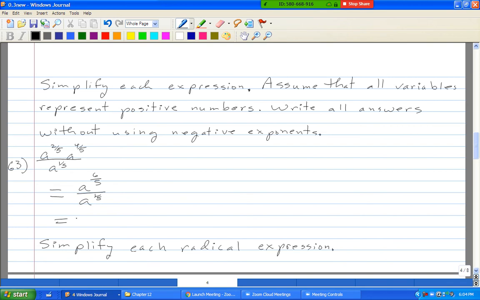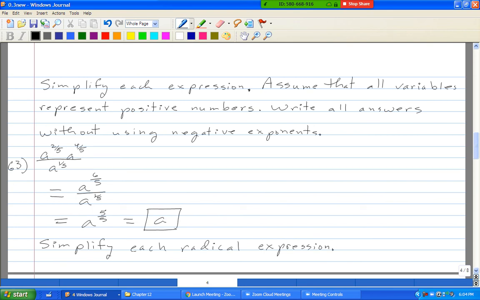And now I am dividing, so I keep the same base and I subtract exponents. Well, luckily, I have a common denominator. So 6/5 minus 1/5 is 5/5. But 5 divided by 5 is just 1. So this is a to the 1, which is just a. And so my answer is just a.